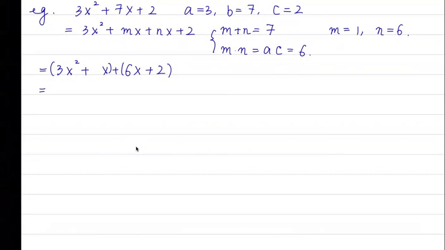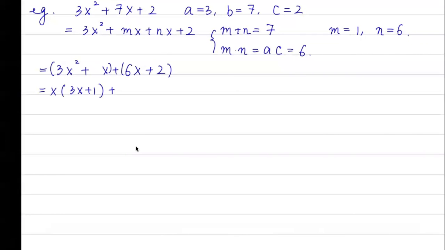For example, 3x squared plus x. What's the common factor for 3x squared plus x? The common factor is x, right? So we can factor x out, and there will be 3x plus 1 left in the brackets.